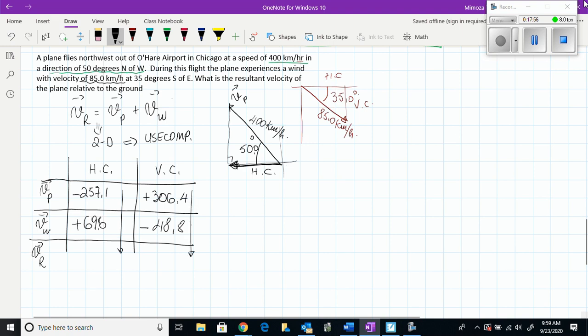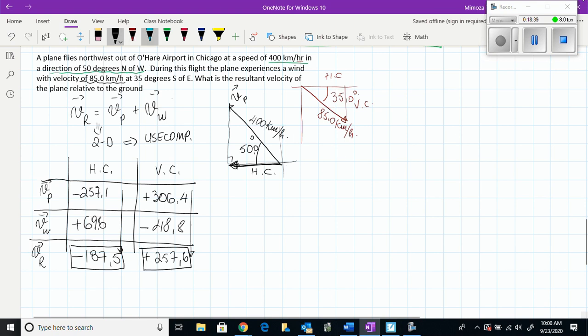We add the two components together, so negative 257.1 plus 69.6 will be negative 187.5 for the horizontal component of the resultant velocity, and 306.4 minus 48.8 will be positive 257.6.